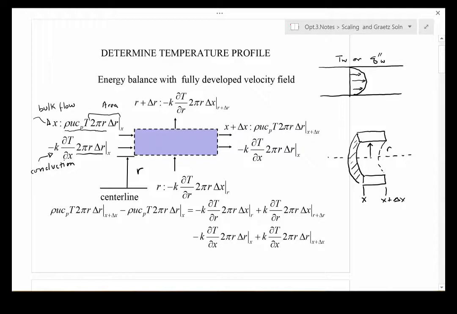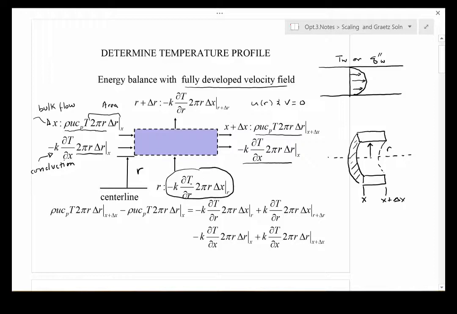We have at the x plus delta x face the outgoing convective enthalpy transport and the outgoing heat transfer rate by conduction. By virtue of the fact that this is a fully developed velocity profile, we know that u is only a function of r and the v component is equal to 0. So there is no convection in this radial direction, but there is, of course, conduction in the radial direction.